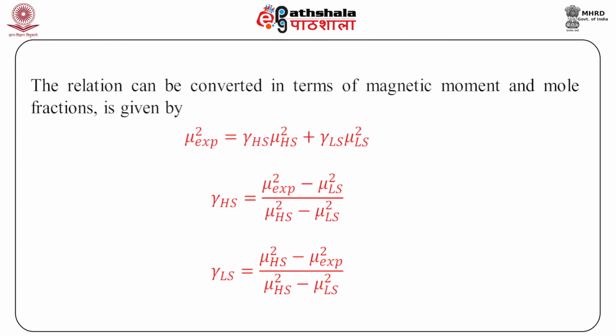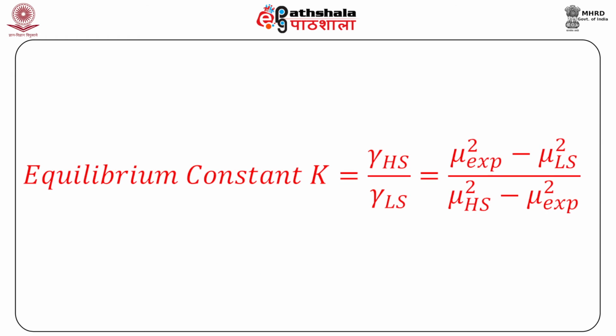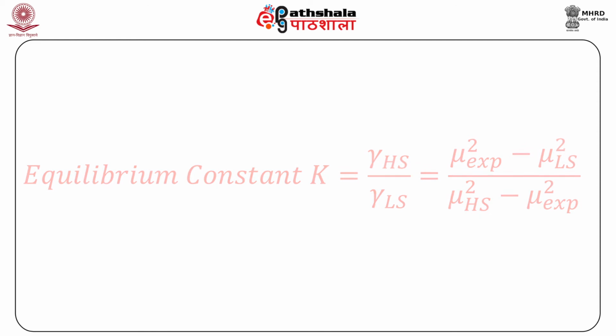Now this relation can be converted in terms of magnetic moment and mole fraction, and the equilibrium constant is found to be equal to mu squared experimental minus mu LS squared, divided by mu HS squared minus mu squared experimental.